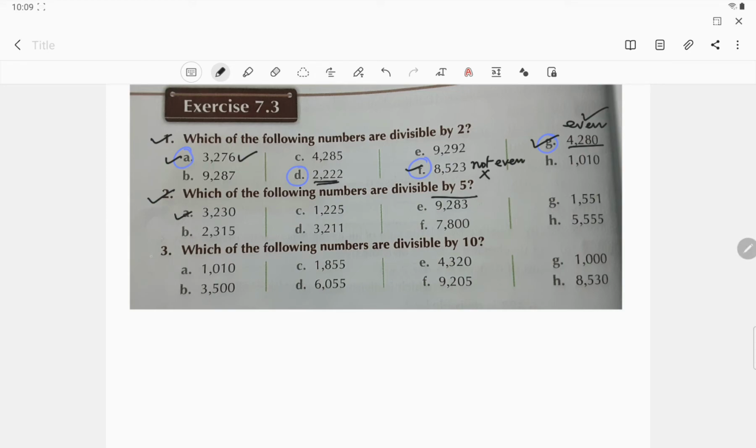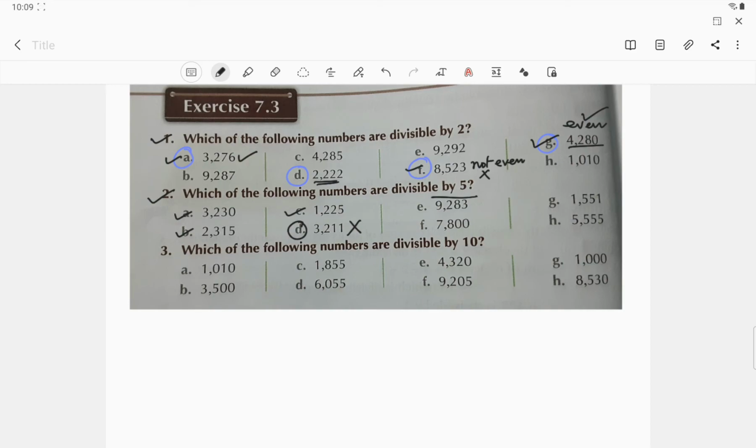So if I choose question number A, it is divisible by 5 because it contains 0 in the ones place. B number is also divisible by 5. C number, yes, it is also divisible by 5 because in the ones place the digit is 5. D number, no, it is not divisible by 5. That's why I am crossing it out, because in the ones place it is 1.